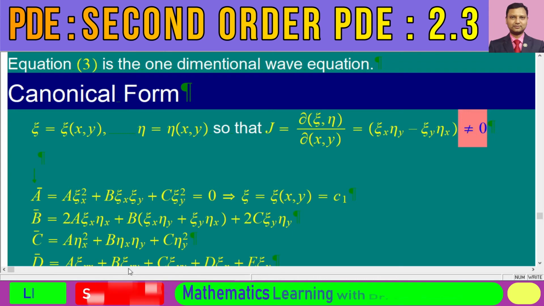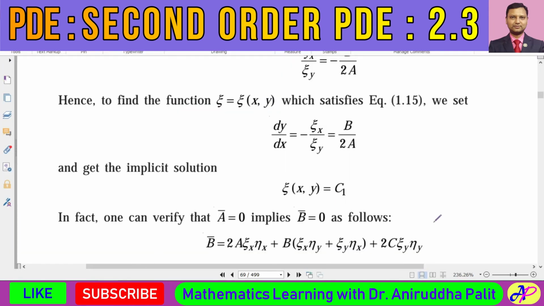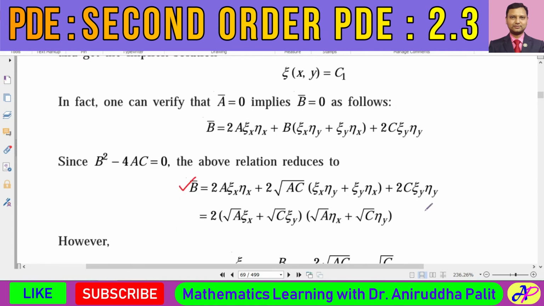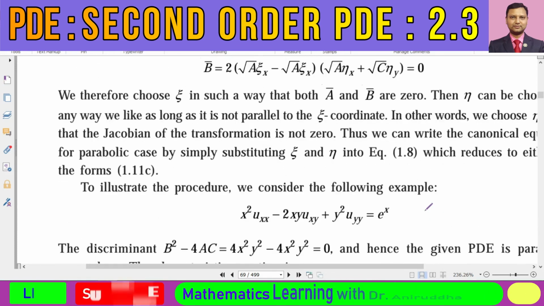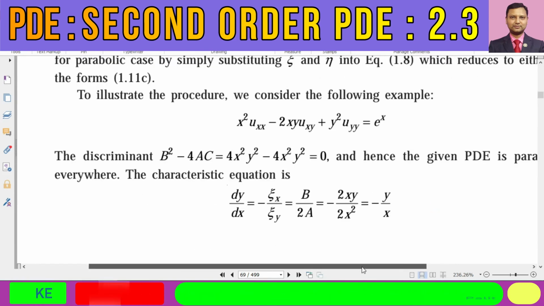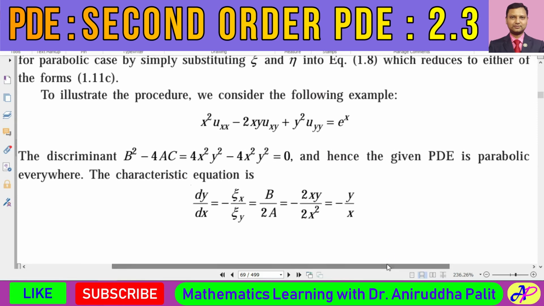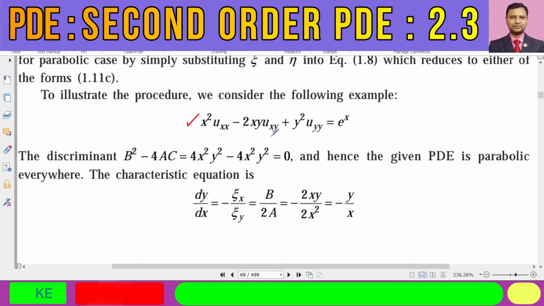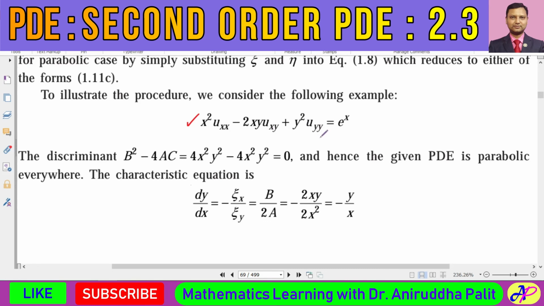So let's rather discuss, without going into this complicated computation, an example over here that would make our process a bit easier to understand. So let's consider this kind of partial differential equation: x square u xx minus twice xy u xy plus y square u yy is equal to e to the power of x.